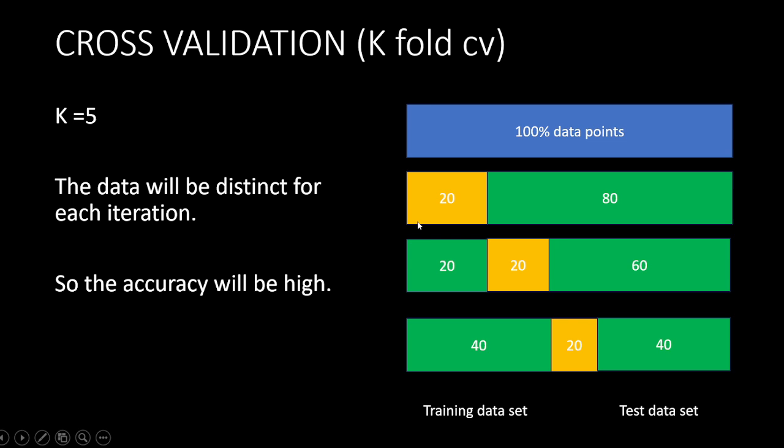So you take 20 for the first iteration, and the remaining 80 will be tested. So the trained data will be 20. In the second layer, you leave that 20 and concentrate on another 20 from the remaining data, and the test data will be repeated for the remaining data values. In the same way, you go for the third one.